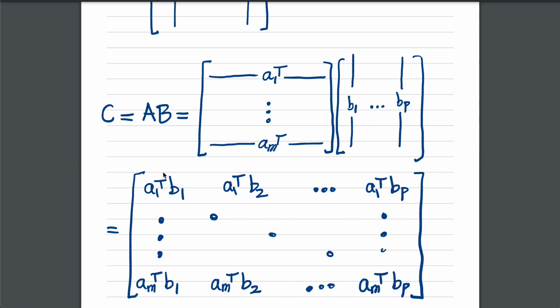So the first entry is A1 transpose B1. The second entry of the first row is A1 transpose B2, and then you go to A1 transpose Bp.